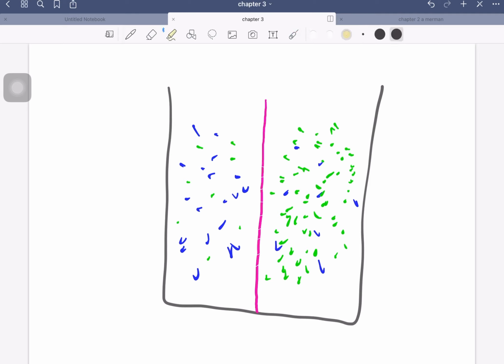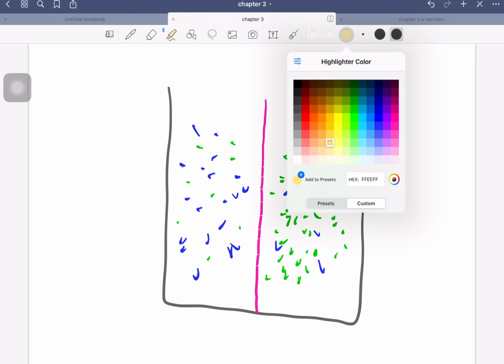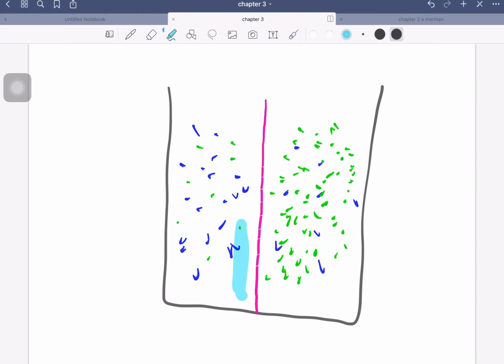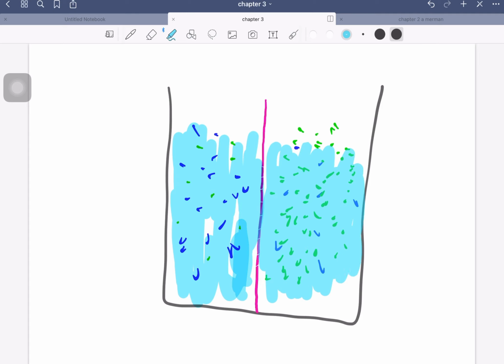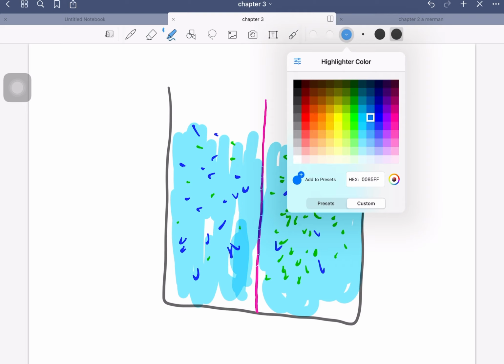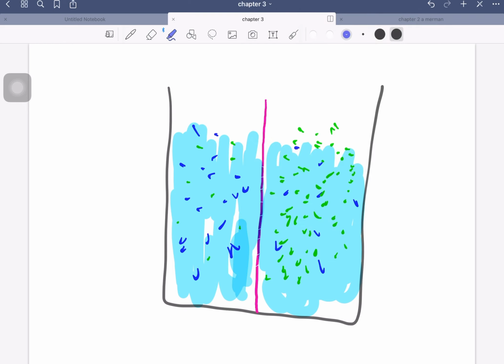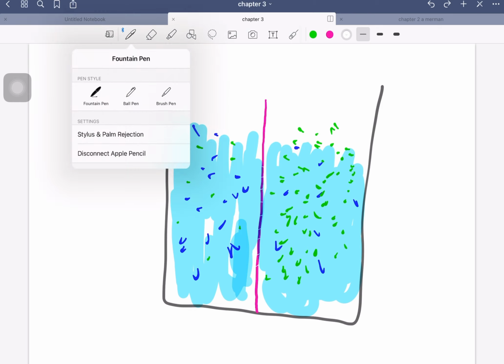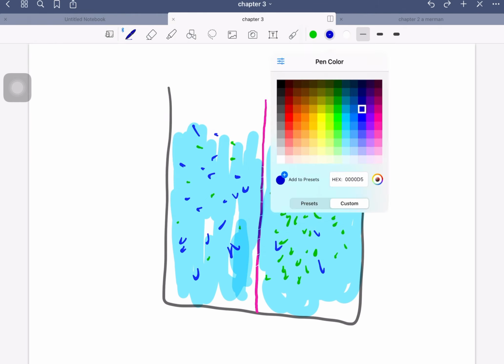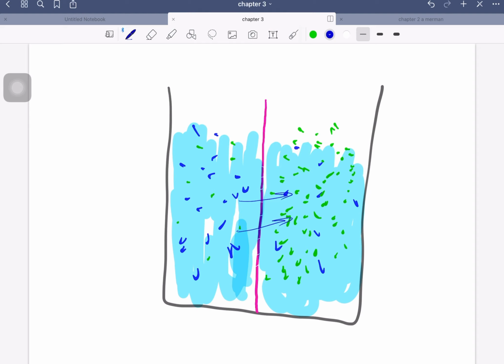Now, over time, if you think about it, what's going to happen is, so let's just make this represent water here. Okay. So we have water here. We have water here with a lot of glucose within it. Okay, and what we've seen is that water molecules will move across. So water molecules are going to be moving across.